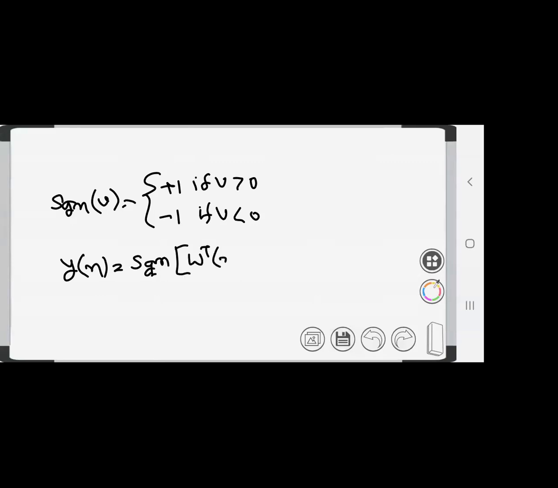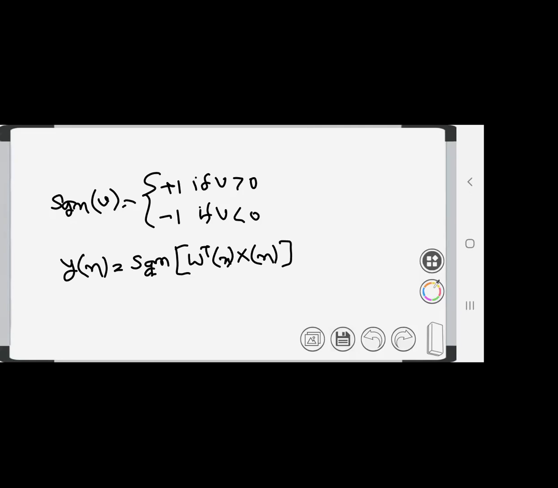yn equals signum of W transpose n xn. Notice that the input vector xn is an m plus 1 vector whose first element is fixed at plus 1 throughout the computation, and correspondingly the weight vector wn is an m plus 1 by 1 vector whose first element equals the bias.